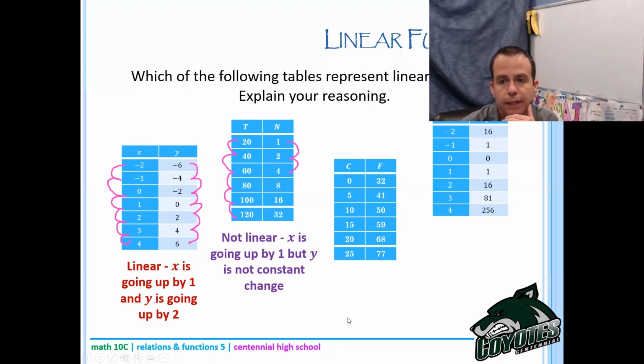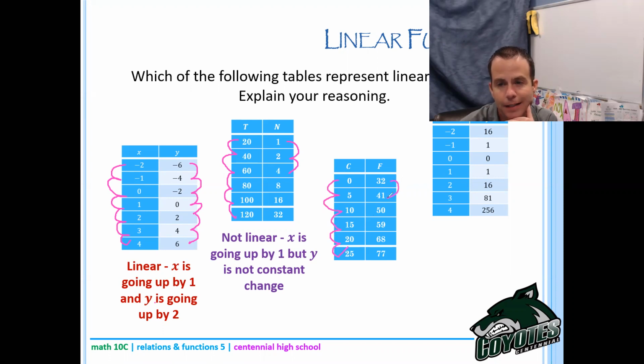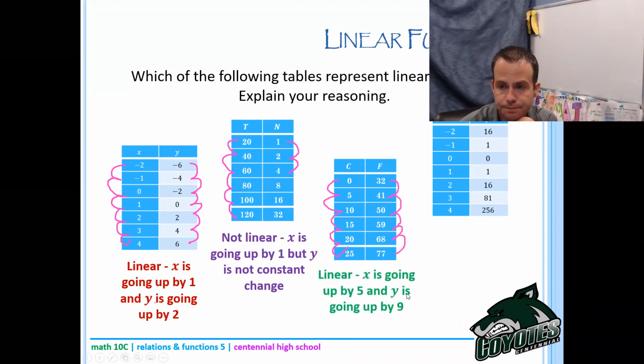Okay, so now we'll take a look at this guy. I'm going up by 5, 5, 5, 5, 5. 32 to 41, I'm going up by 9, going up by 9, going up by 9, going up by 9, going up by 9. So that's cool. There is a constant rate of change there. So that is linear.